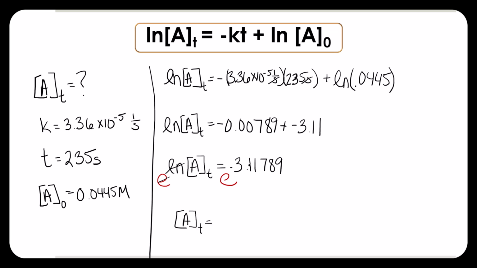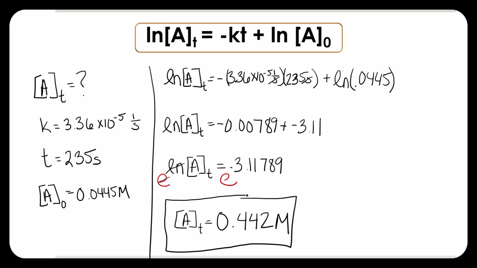And then I plug this into my calculator. So I find that E, it automatically says, oh, the next thing you put in is an exponent. And I'm going to type in negative 3.11789. And I get a value of 0.0442. That is a concentration, so I know the units are molarity.